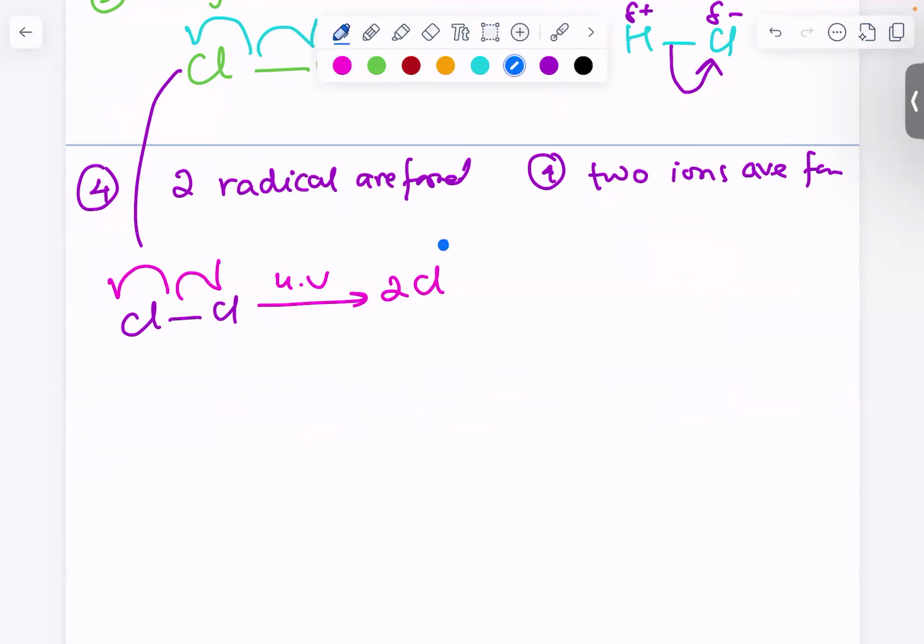While in HCl, when the breaking takes place, with partial negative and partial positive, the bond is broken, and I am going to get H positive plus Cl negative. What does it mean?